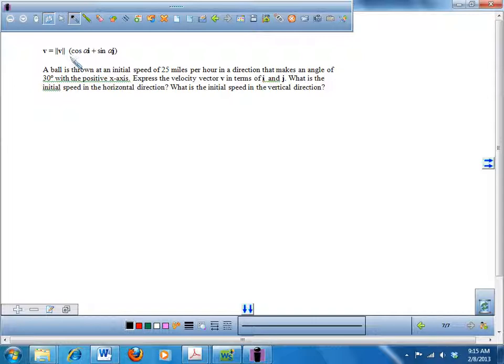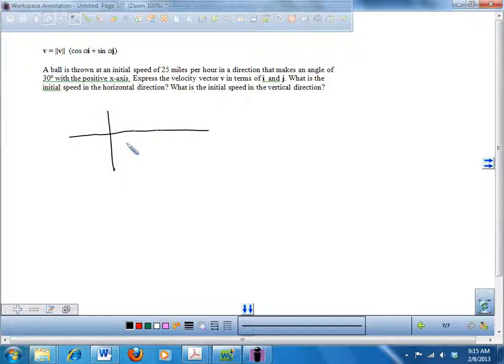So when you're in this form of a vector, you can have this trig form of the vector using the cosine. So if this is some angle, angle alpha, over here, and I know the magnitude of this vector, in this case 25 miles an hour, I can break it up into its component form.